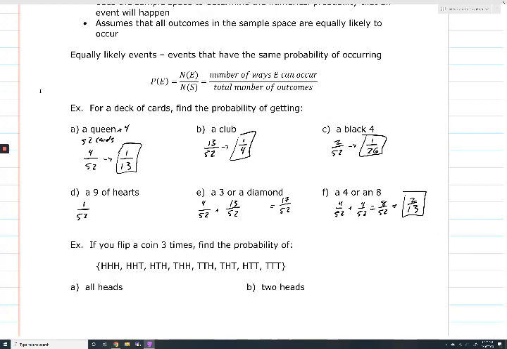A 3 or a diamond. Well, there are 4 3s, so 4 out of 52, plus, because we have an or, and we'll get more into that later, a diamond, and there's 13 out of 52, which gives us 17 out of 52. However, that is not the correct answer.